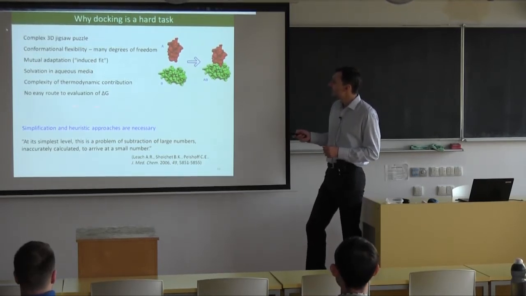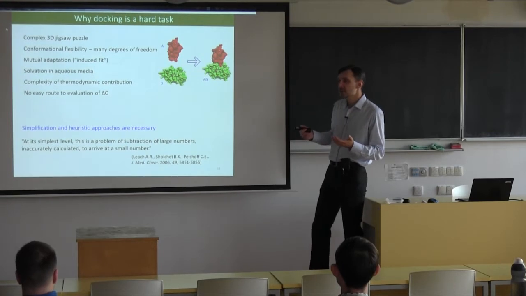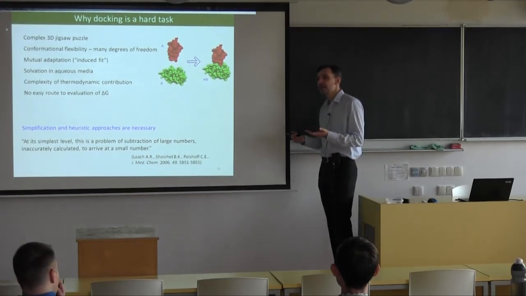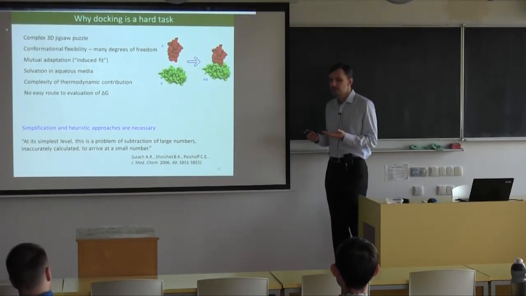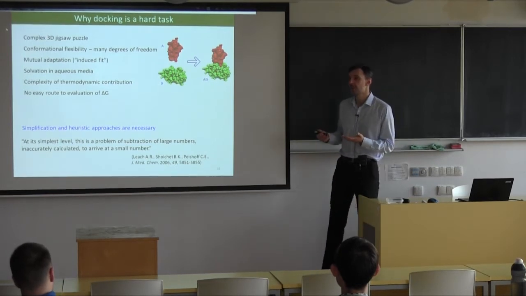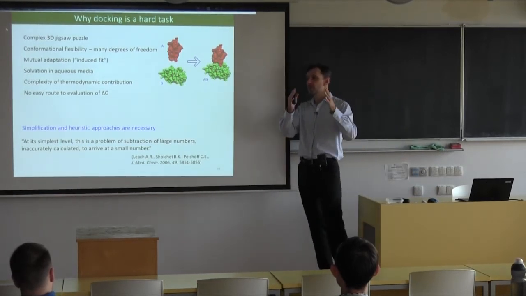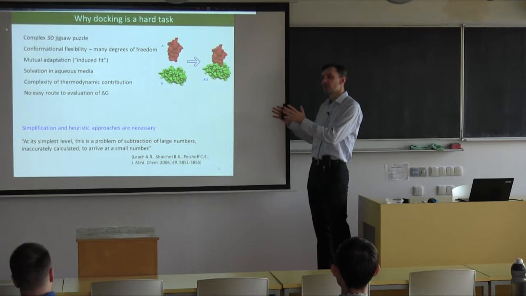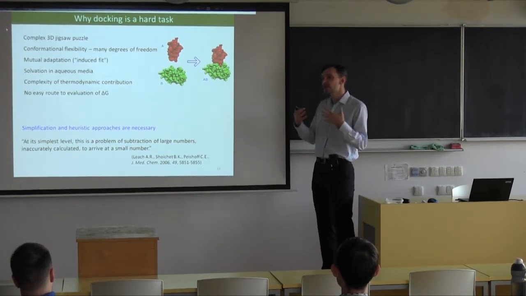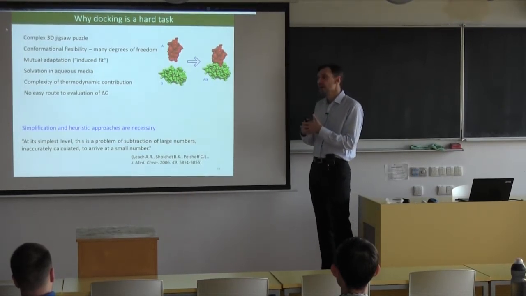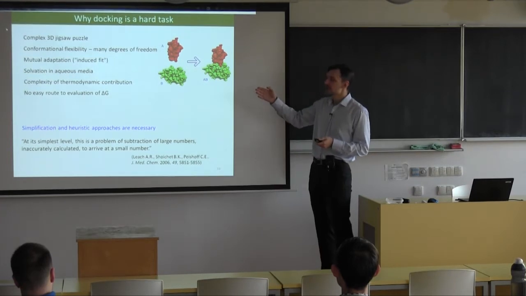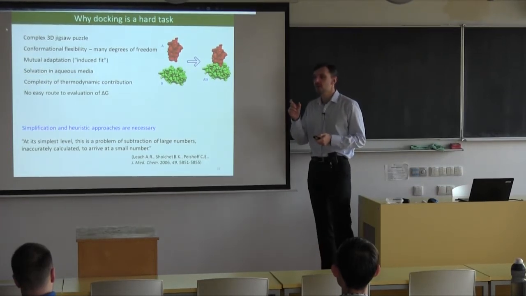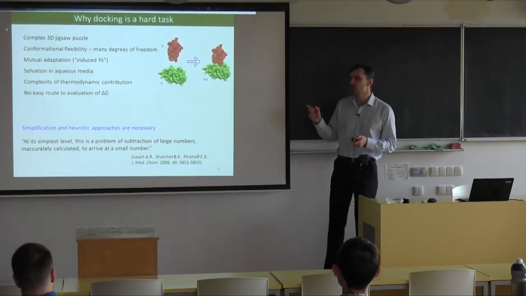So when we calculate delta G, the free Gibbs energy of binding, it's just a game of playing with big numbers. We have a large number for the protein and for the ligand, and usually delta G is measured on a scale of kilocalories per mole, so it's quite small.